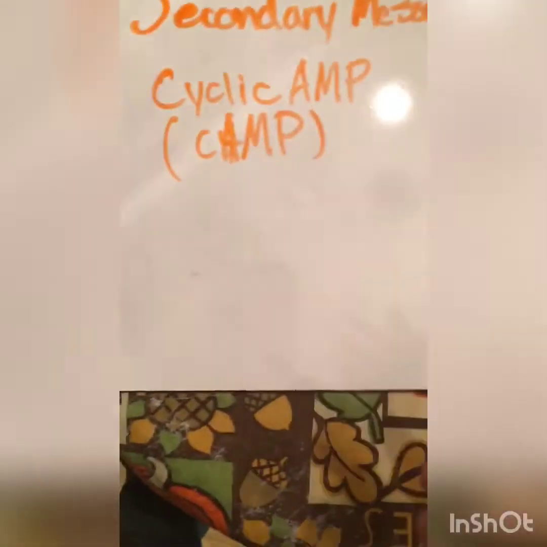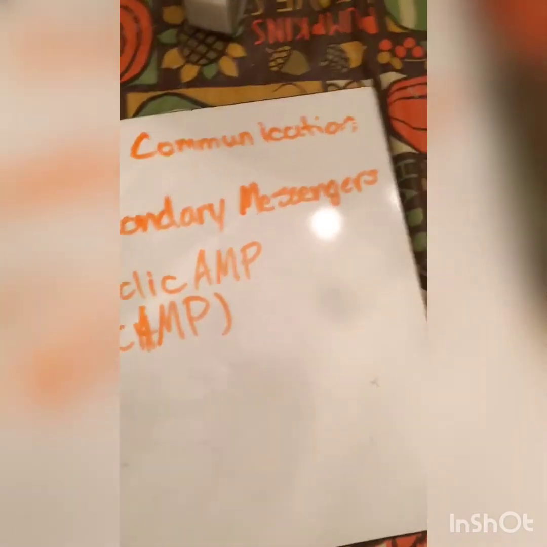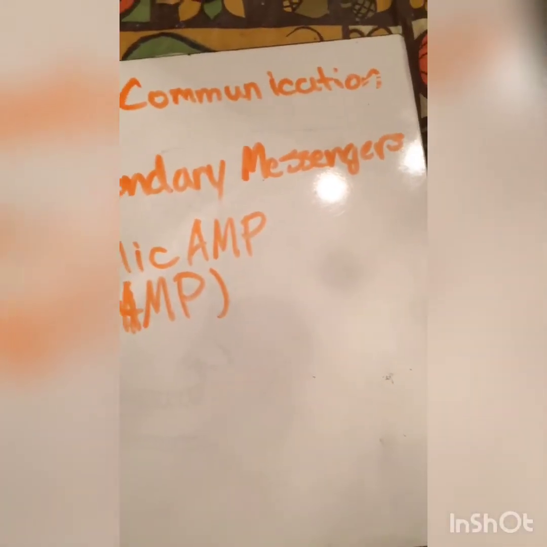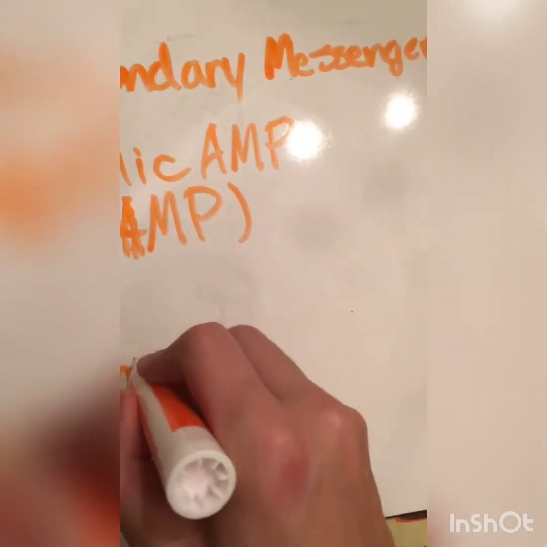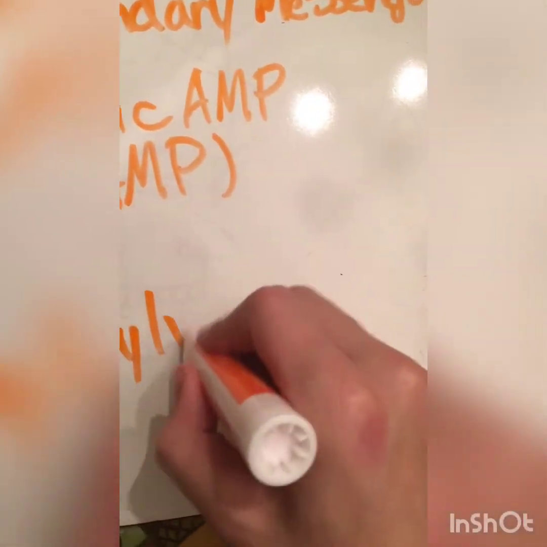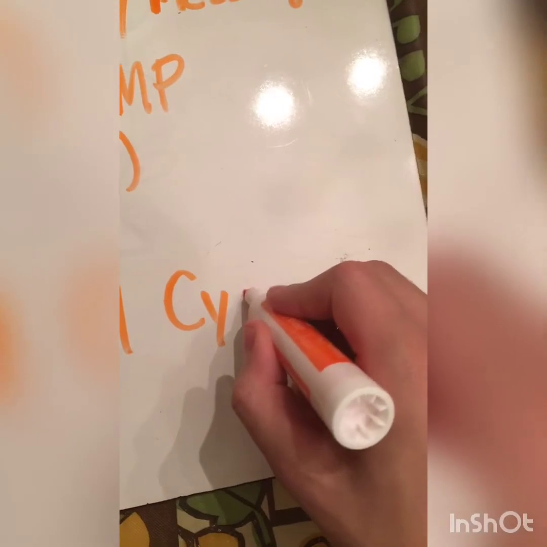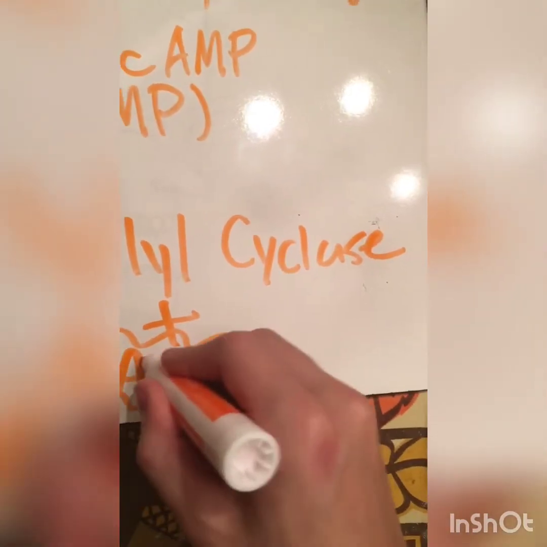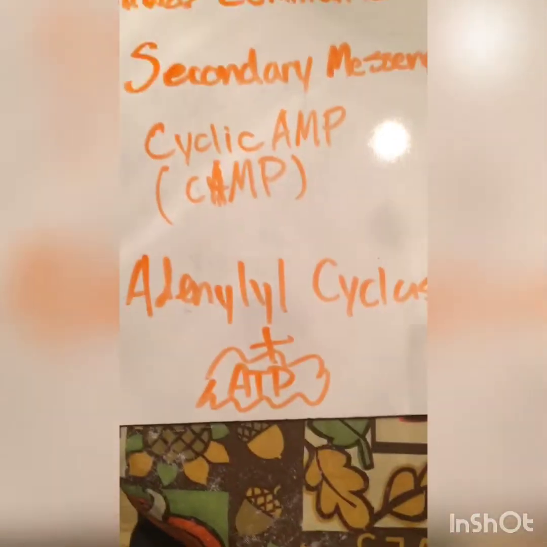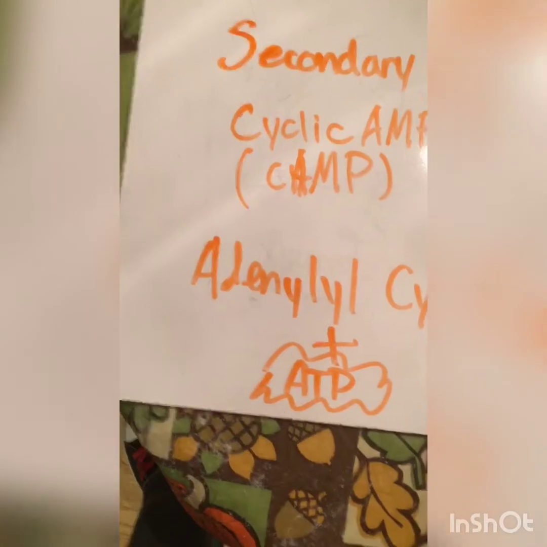Pretty much how this is made is adenylyl cyclase will combine with ATP and it will make cyclic AMP. Next, we'll talk about IP3.